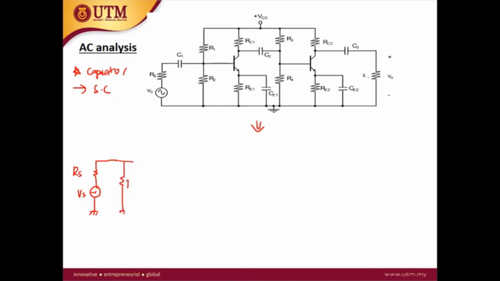Now you have the R1 parallel with R2. Here we have the R pi. RE1 is bypassed. So this is R pi 1, and this is V pi 1.